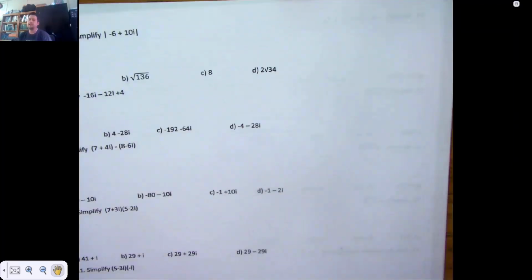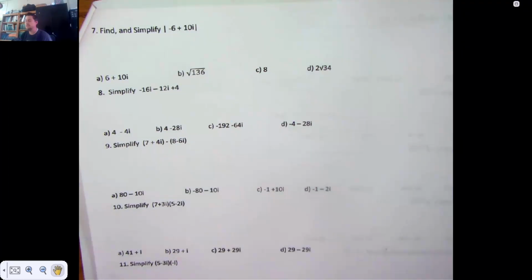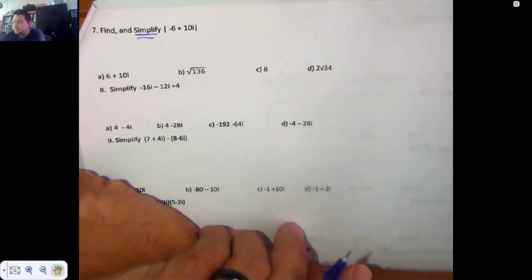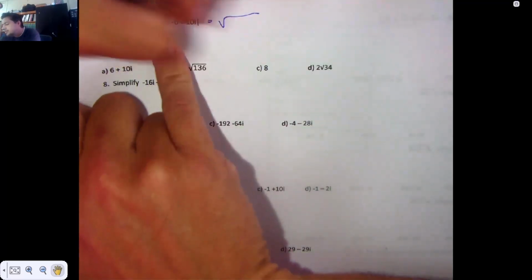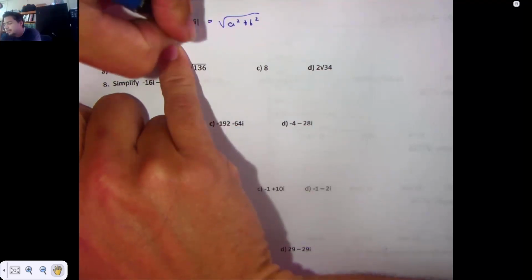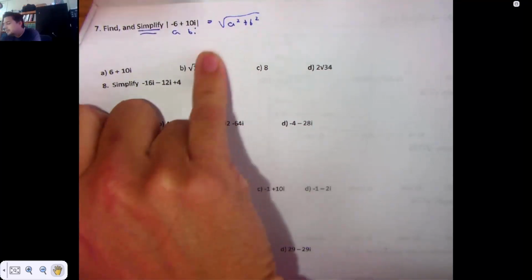All right, this one, a lot of kids mess up because it says simplify. The shortcut was to take your terms, a and b, because this is a and this is bi, and square them.